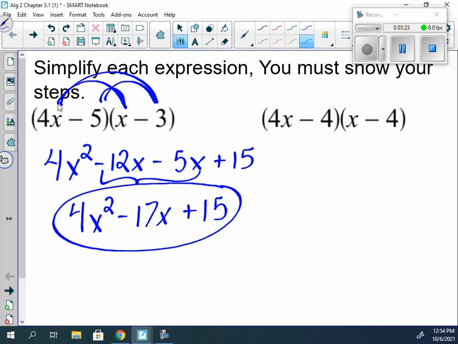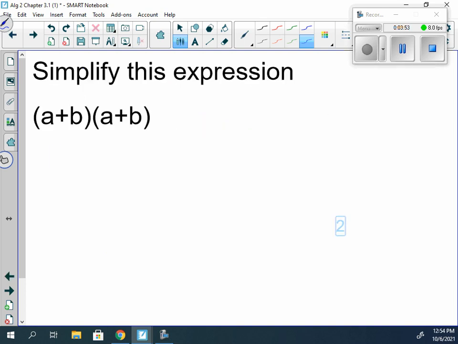But what we're going to be doing with factoring is starting out with this and returning it back into factored form. We're going back to the 2 sets of parentheses. And that's what we're going to be doing with factoring. I feel confident that y'all can multiply these 2 sets of parentheses using the distributive property or FOIL, first, outer, inner, last, quite well, so we're not going to be looking too closely at those.